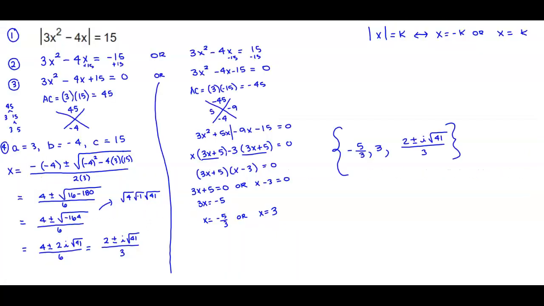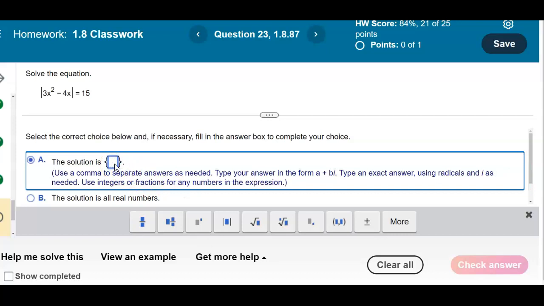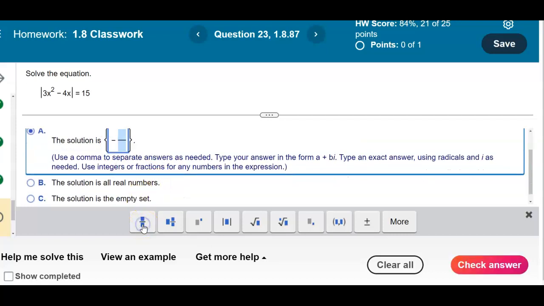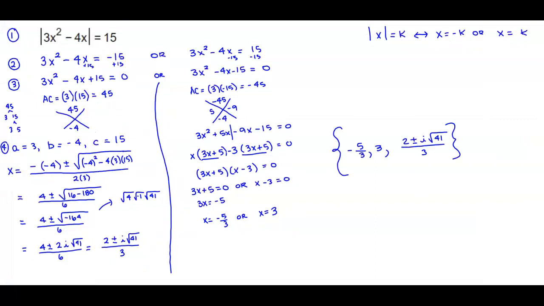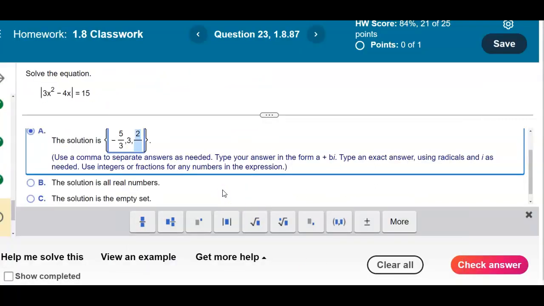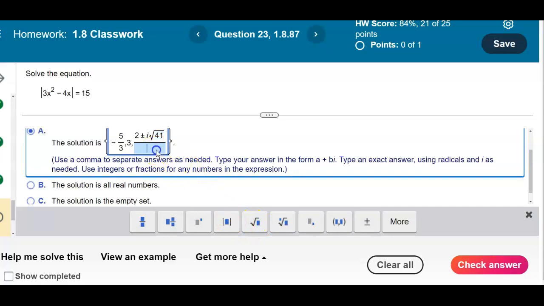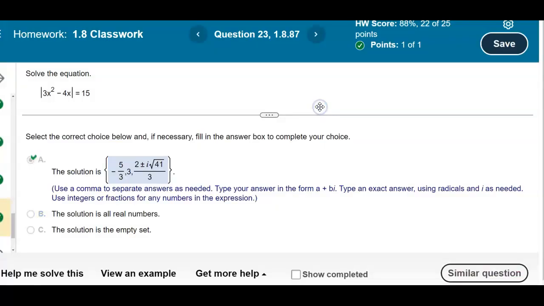So again, we have negative 5/3 and 3, comma, and then our fraction: 2 plus or minus i times the square root of 41, and that's divided by 3. Let's check our answer, and there is our result.